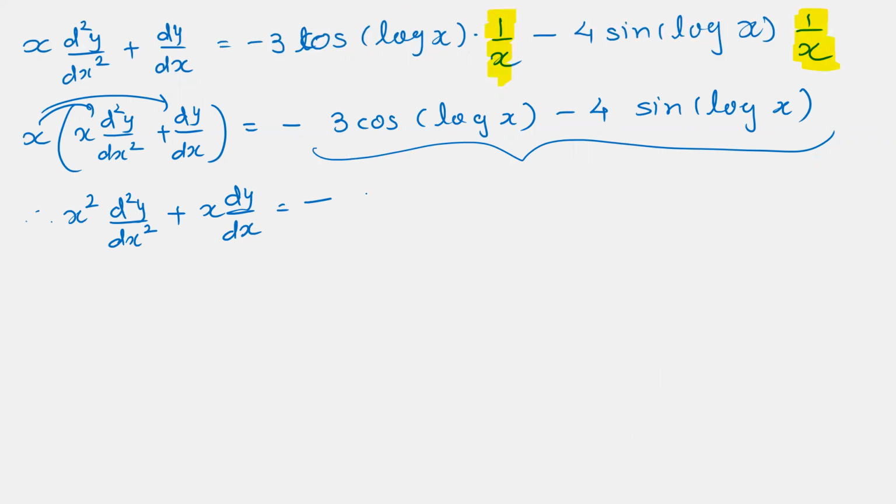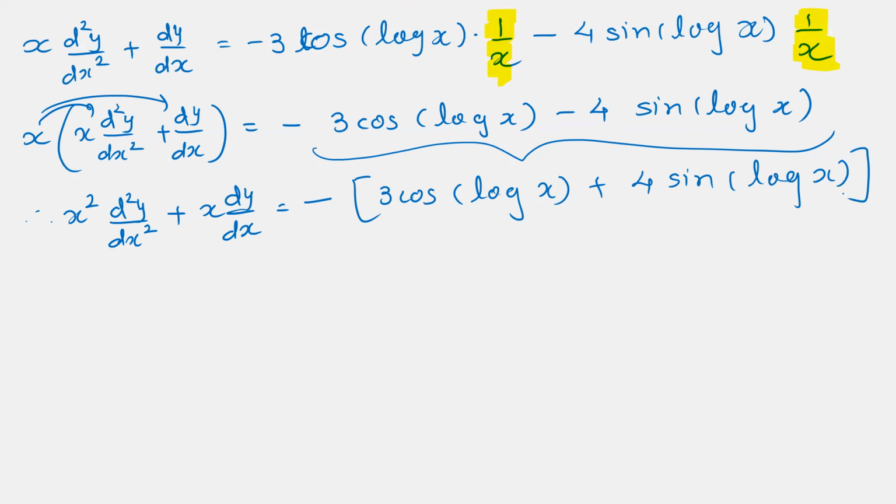Let me take minus common, so that I can substitute that as y. I'm just setting up, going towards the end of the topic. So it is x square d2y by dx2 plus x dy by dx as it is, left hand side as it is.